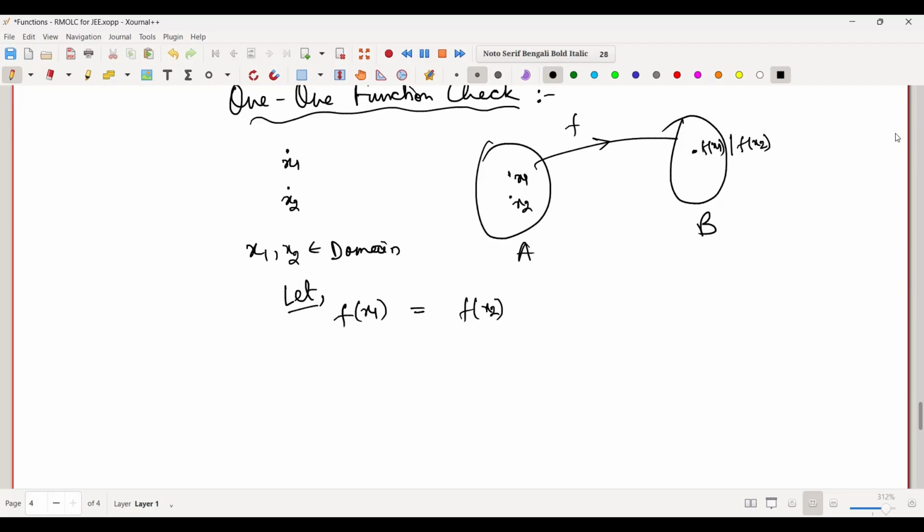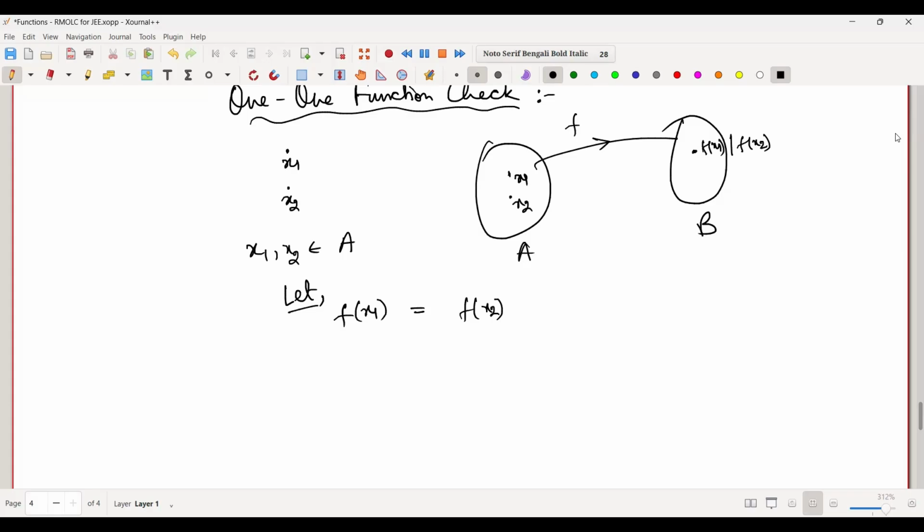So at first we are taking two elements from the domain. x1 and x2 belong to the domain. We have taken the domain as A. So x1 and x2 belong to A, and after that we assumed that f(x1) equal to f(x2).